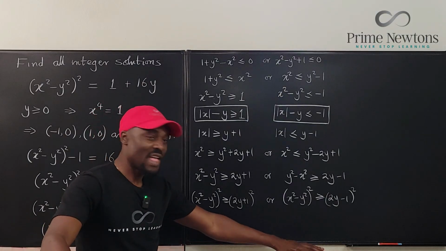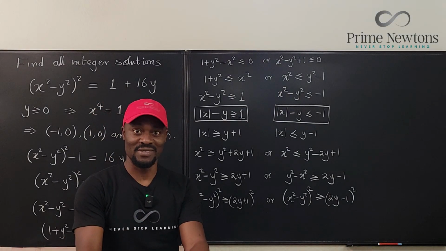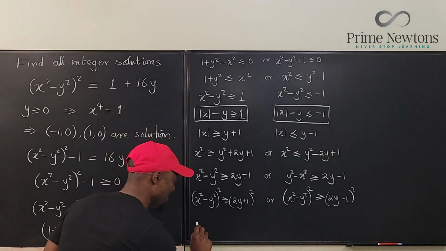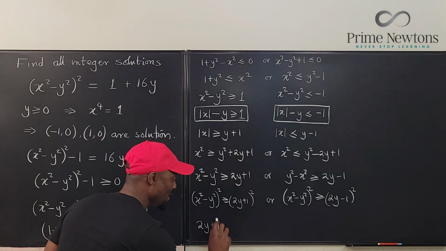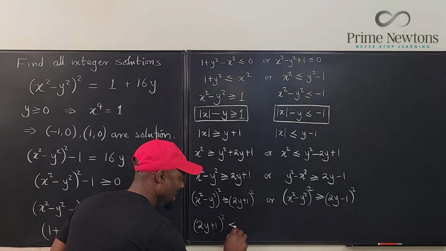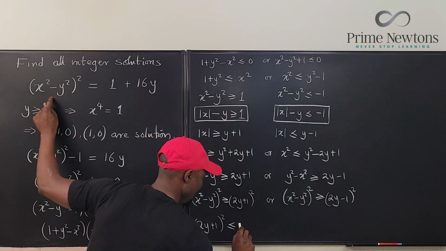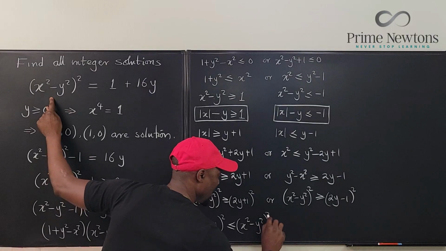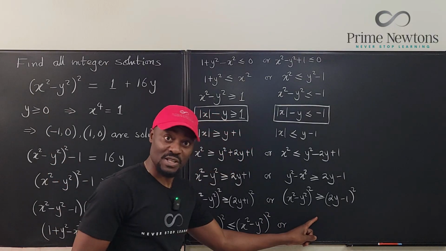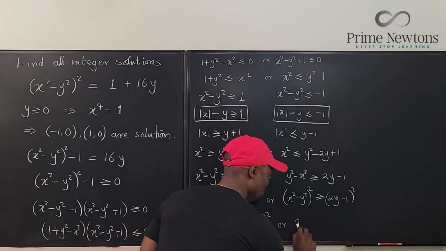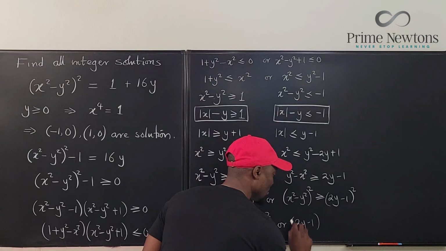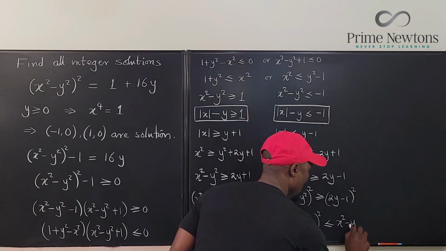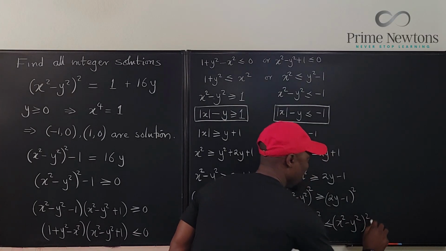So now I have got restrictions. From this, I can clearly say that 2y plus 1 squared is less than or equal to x squared minus y squared, squared. Or I can choose this one and say that 2y minus 1 squared is less than or equal to x squared minus y squared, squared.